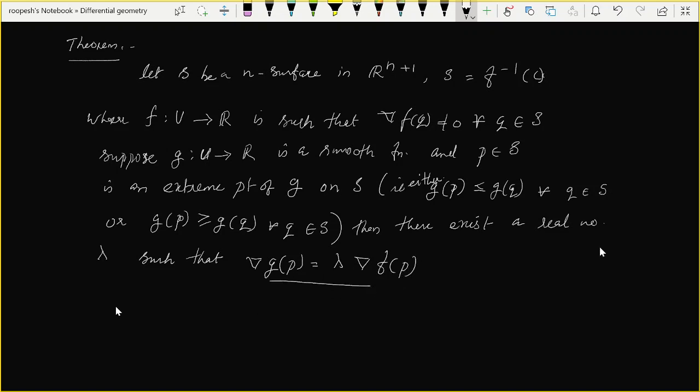Now the number lambda is called the Lagrange multiplier. So this is the statement of the theorem.